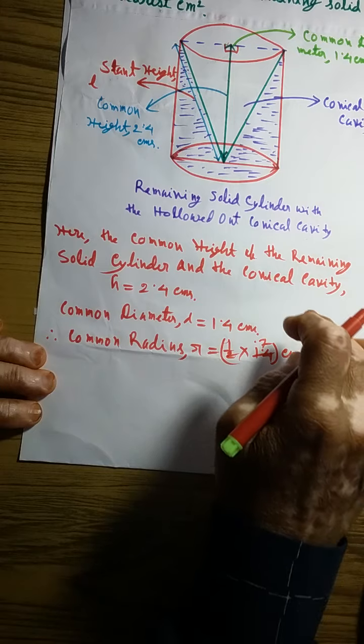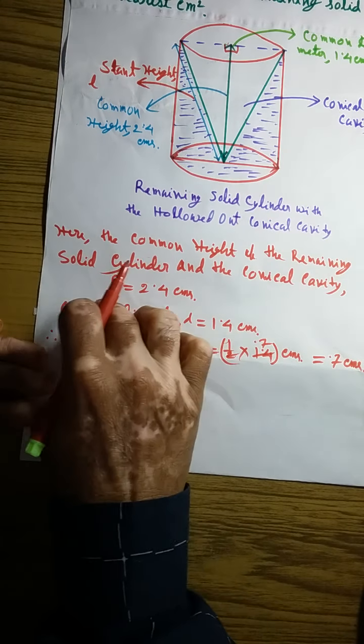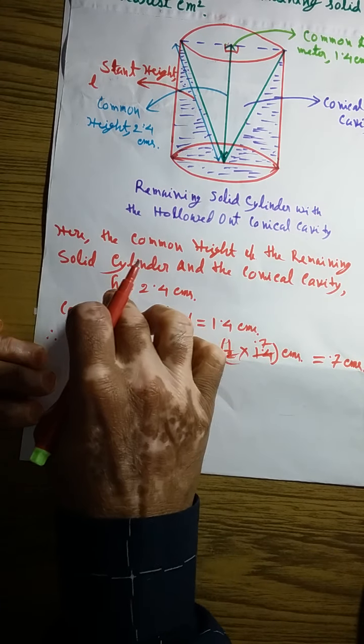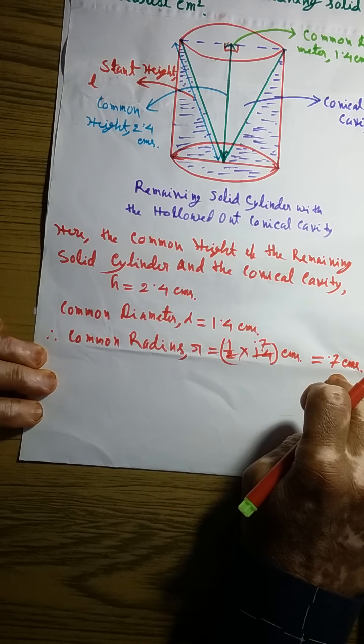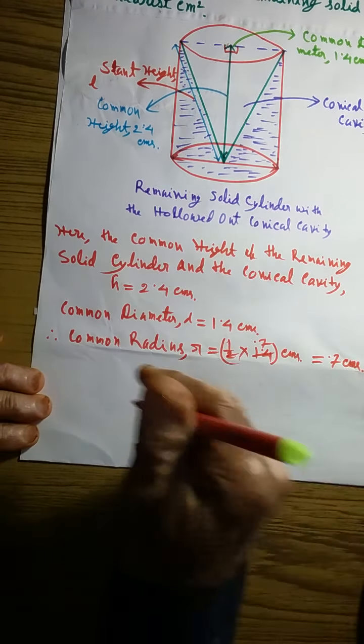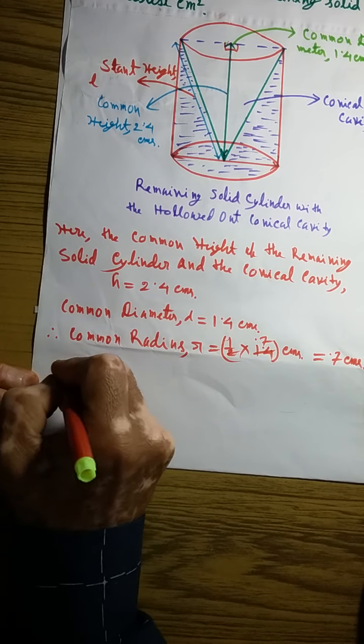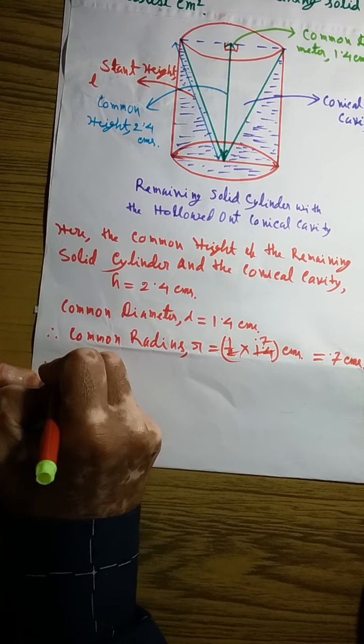We have got the height of both of them and the radius of both of them, so we can find out the slant height now.